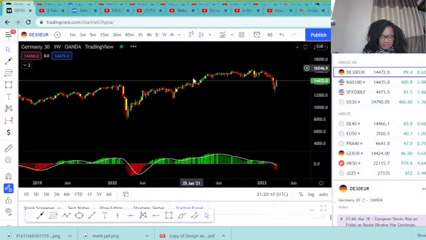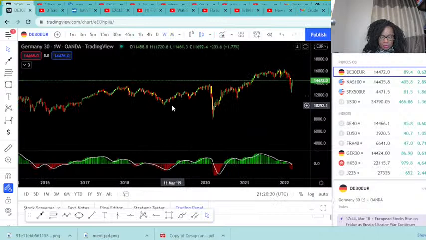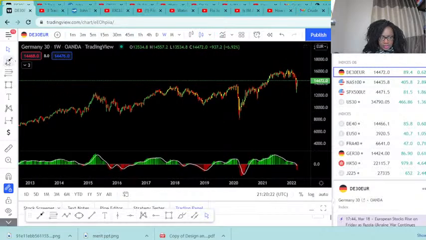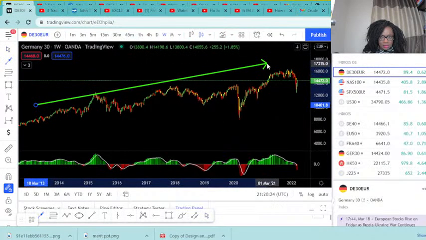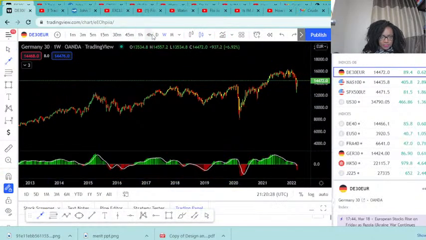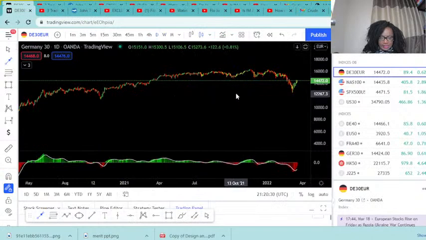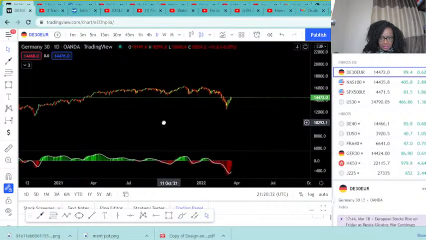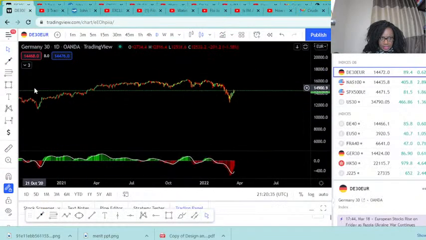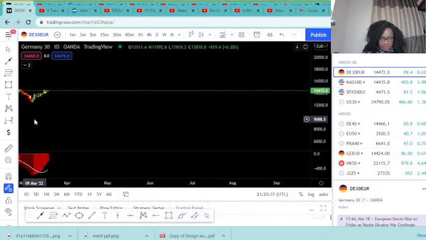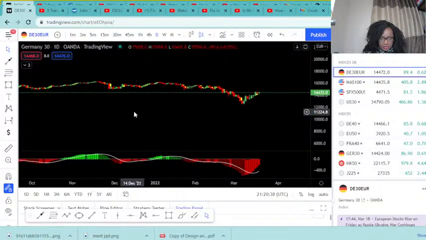And that perspective, that bias is still the same when we come to the monthly, to the weekly. We can see that that bias is still true. When we get into the daily, that bias is still true, but we want to start getting a bit closer with reference to the trend.